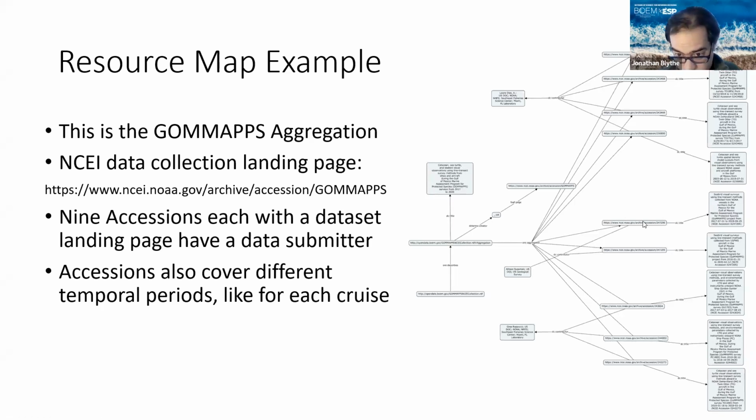The URL is a resource that describes it, and the resource map can be cited to say that this resource map describes this aggregation. So it's all very explicit, machine readable, spelled out here, but this is just a concept map representation of it.